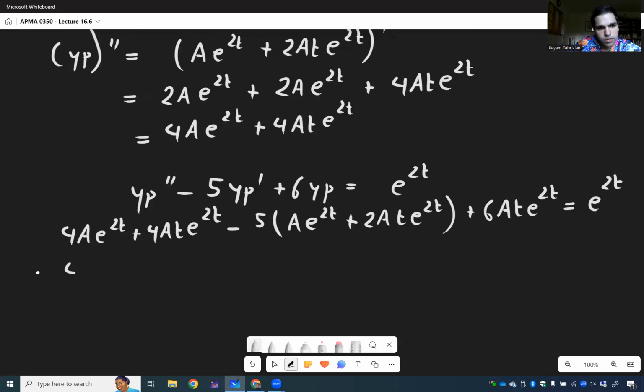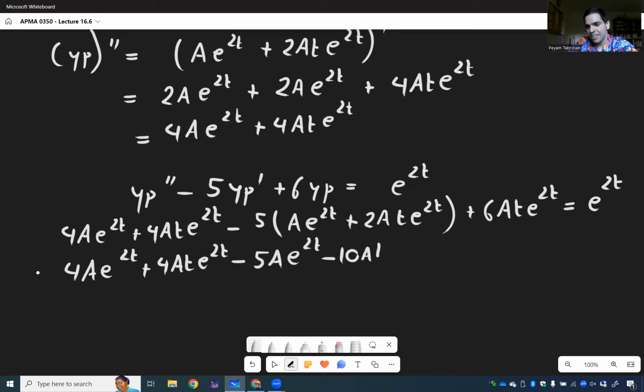And this becomes 4a e to the 2t plus 4a t e to the 2t minus 5a e to the 2t minus 10a t e to the 2t plus 6a t e to the 2t equals e to the 2t. Thank goodness for double speed, right?